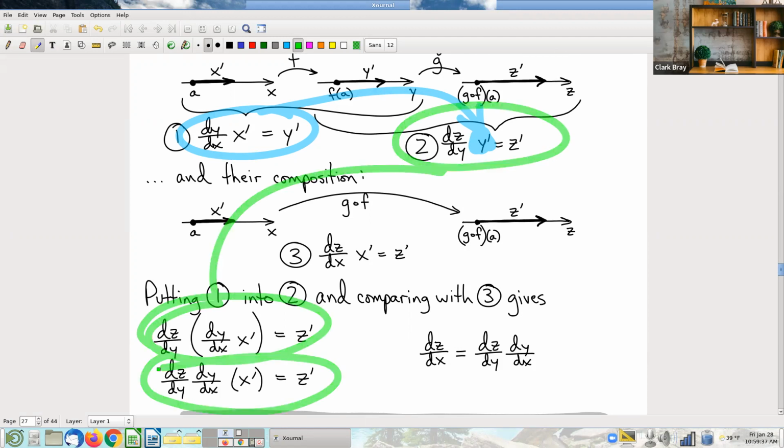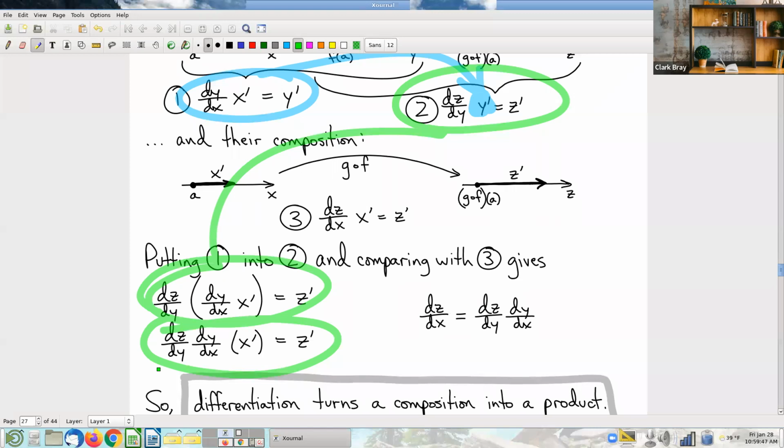I mean, so the y prime is dy dx times x prime. Okay, so that's what I'm multiplying now by dz dy. It's just literally you plug in and you get this stuff down here.